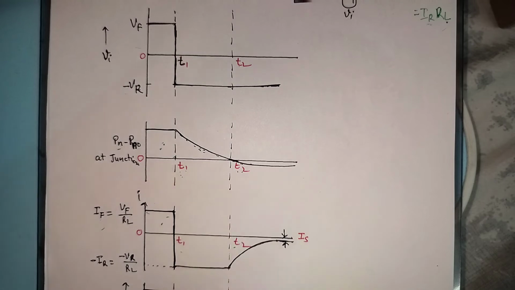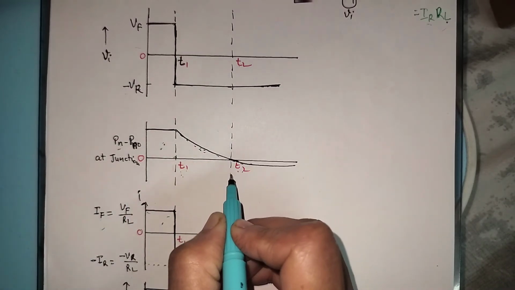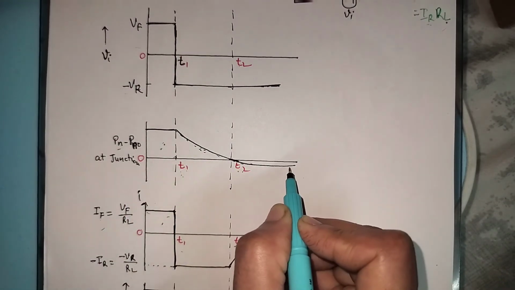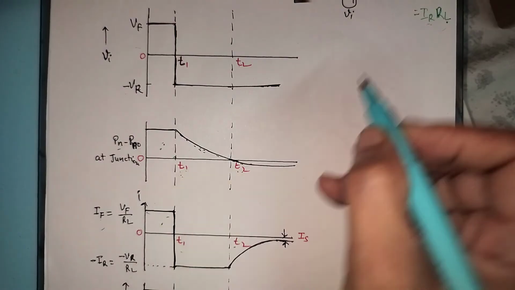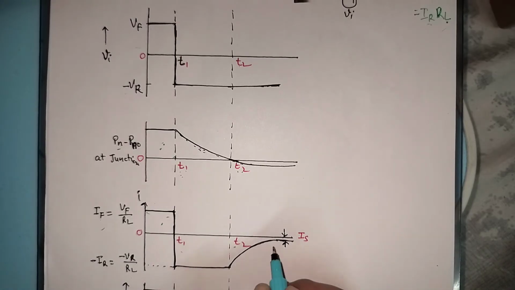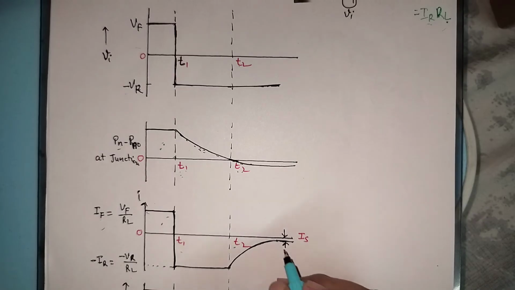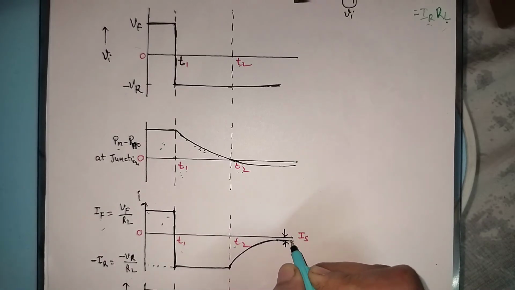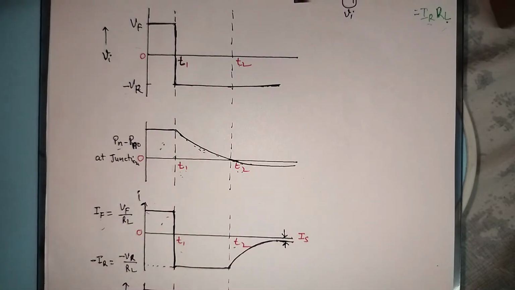At time t2 the injected minority charge carriers will reach their equilibrium state, or will be removed near the junction. So at time t2 the current will start to reduce and will be equal to the saturation current, or equal to 0, at approximately time t3.